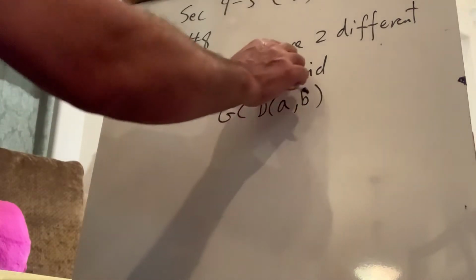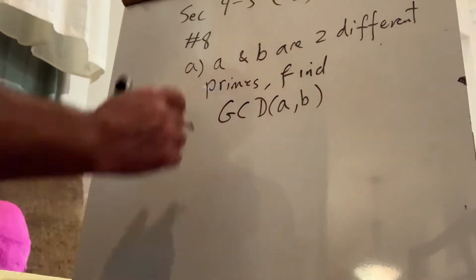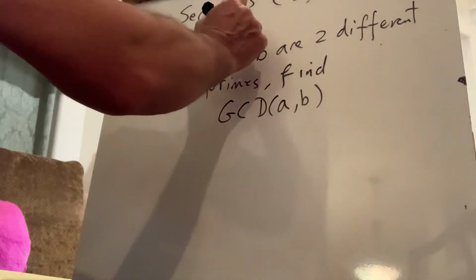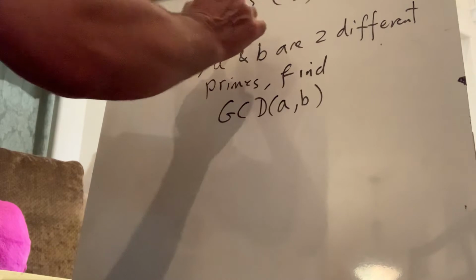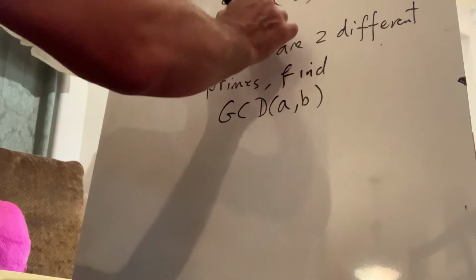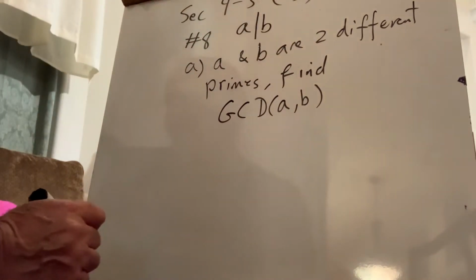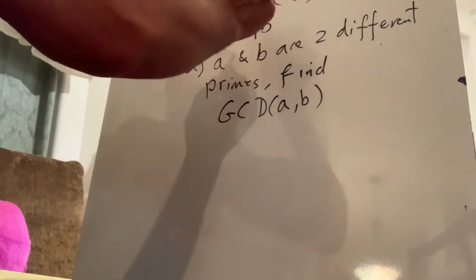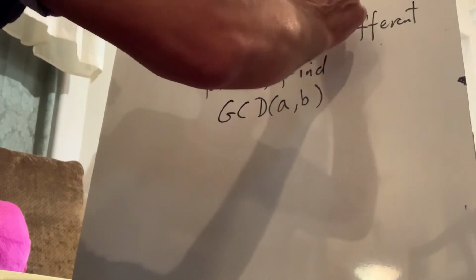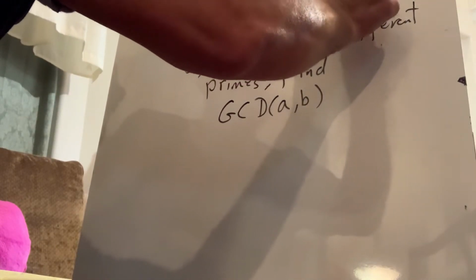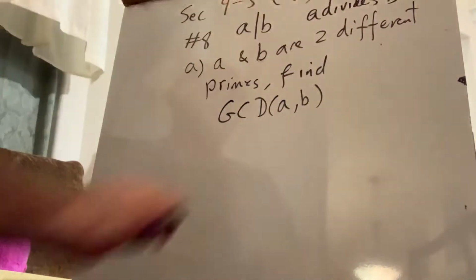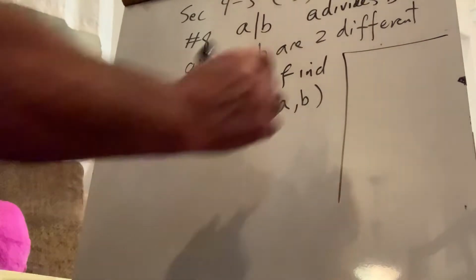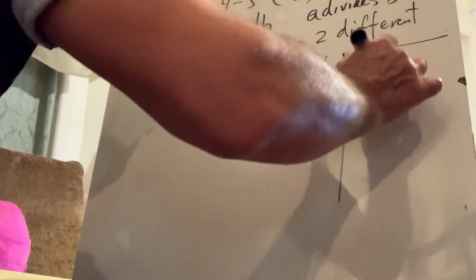Now, I'm sure you saw the notation that if we write A and then a vertical line B, that basically means that A divides B. So for example, just a side example, we can say 2 vertical line 12.